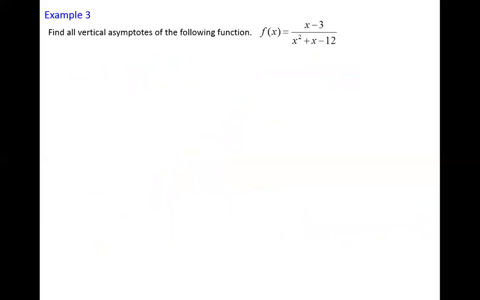Okay, example number 3. Find all vertical asymptotes of the following function. Rational function x minus 3 over x squared plus x minus 12. That means I see linear term on the top, nothing to do, but in the denominator I have quadratic function, and I believe we can simplify, we can factor out. It will be 3 and 4, negative, positive, because negative 12 and positive 1.